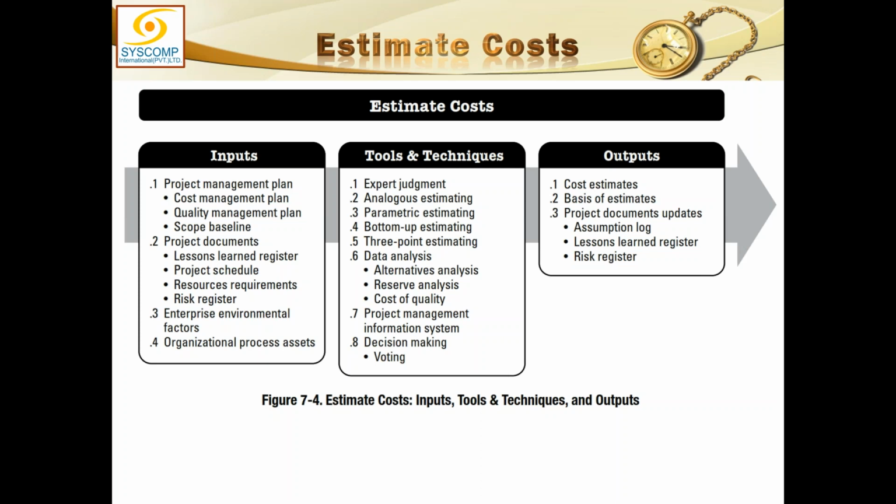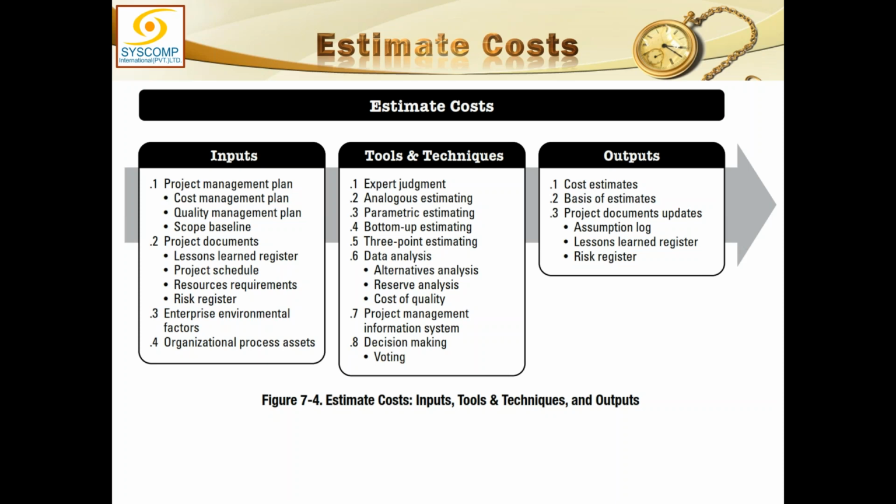For estimating the cost, as with resources and duration, we need the project management plan, relevant items included, project documents, relevant items included, enterprise environmental factors, and organizational process assets. So the major classification will remain the same, but naturally for cost estimate, the major instrument in the project management plan is my cost management plan, which includes all the guidelines for creating the cost estimates.